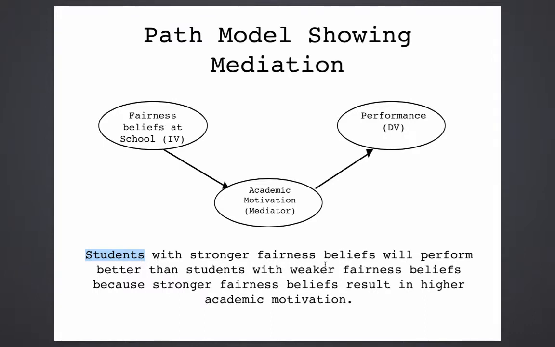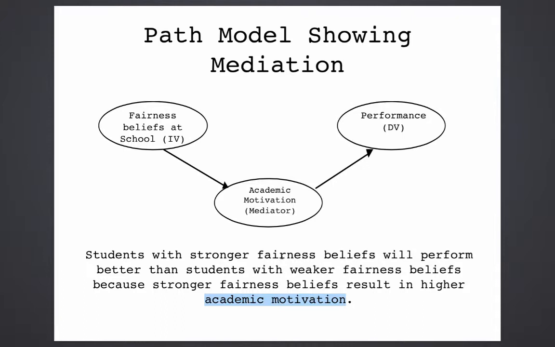And then it provides information about the variables that are at play. We've got fairness beliefs, we've got performance, so "perform better" tells us that the other variable is performance. And then finally we have academic motivation.